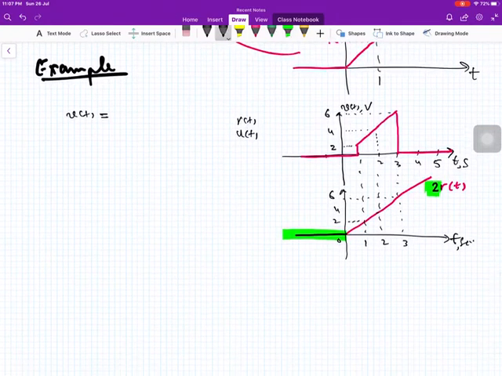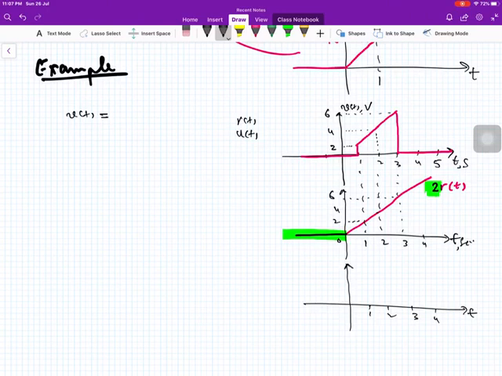We can consider another waveform, again reference, these are the values on the t-axis. If we consider a waveform like this, what will be this waveform?